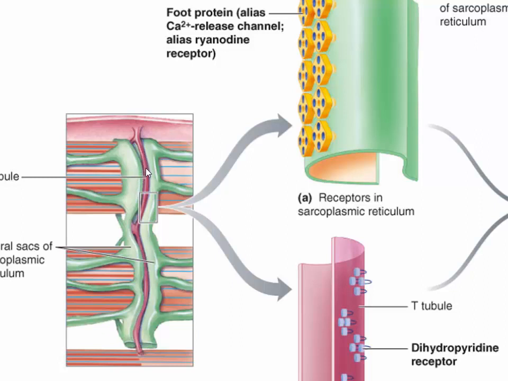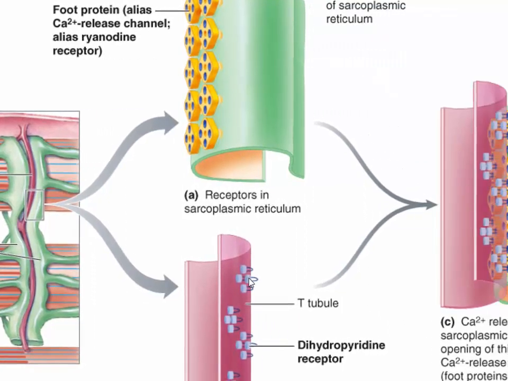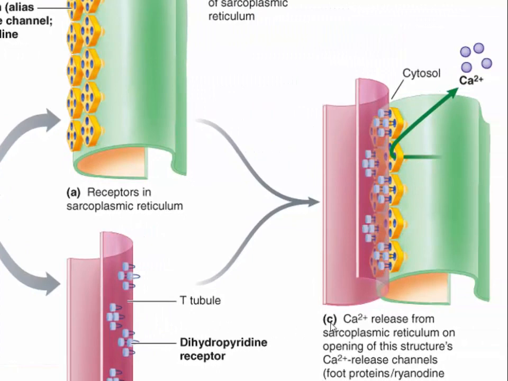And in the membrane of the T-tubule, you'll see these dihydropyridine receptors shown here. The calcium release channels shown here are part of the membrane of the terminal cisternae, just inside of this terminal cisternae, or sarcoplasmic reticulum. Now, calcium release channels and the DHP receptors are physically connected and they're extremely close together.